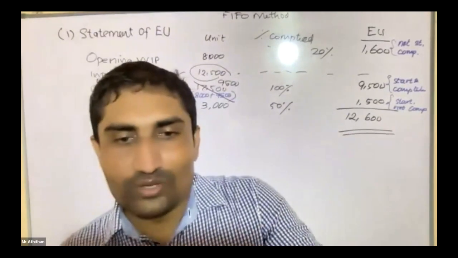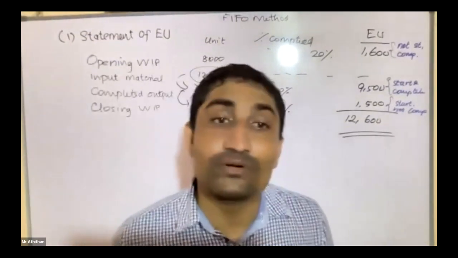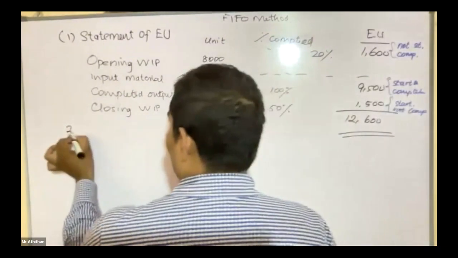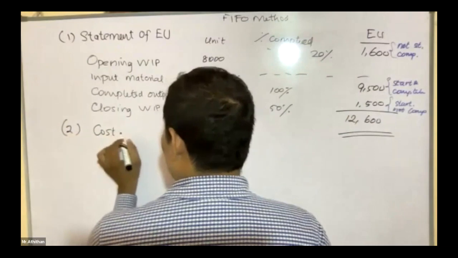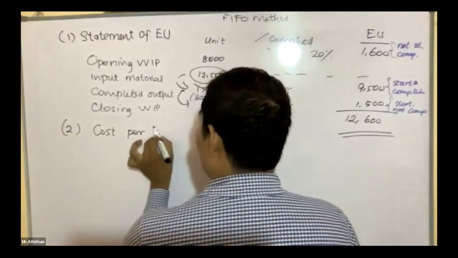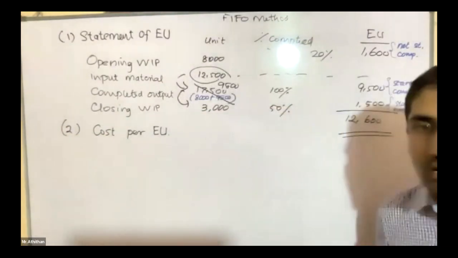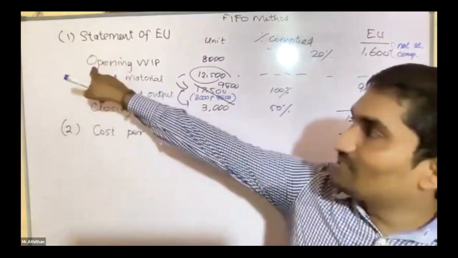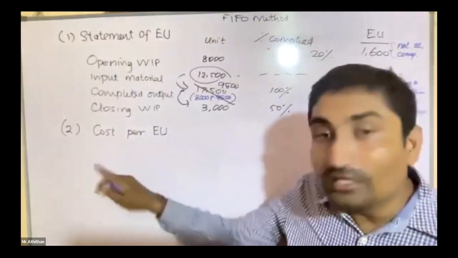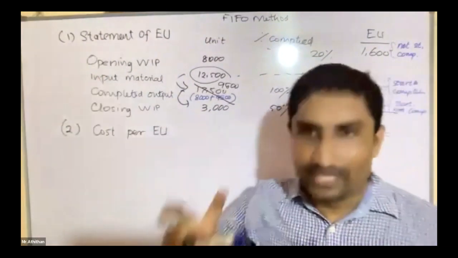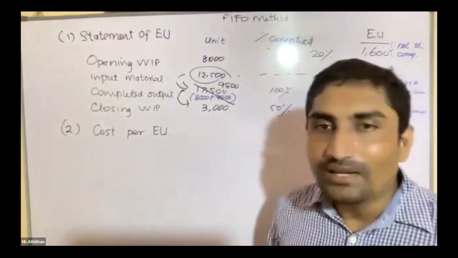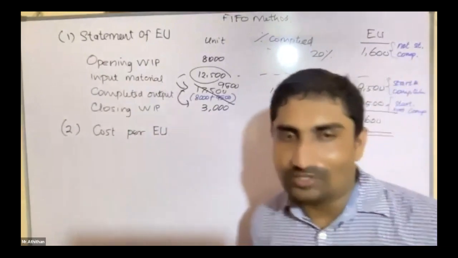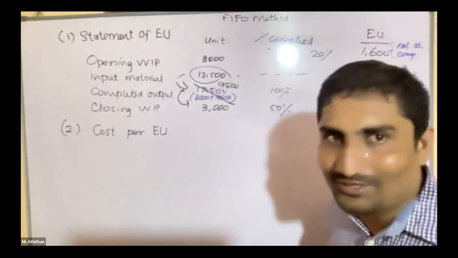So if that is okay, next we have to take the cost allocation for equivalent units. Second, cost per equivalent unit. How much is the cost? Right? We will see cost for input. Opening WIP has a cost. Input material has a cost. Processing has a cost. So we need to take all these costs.